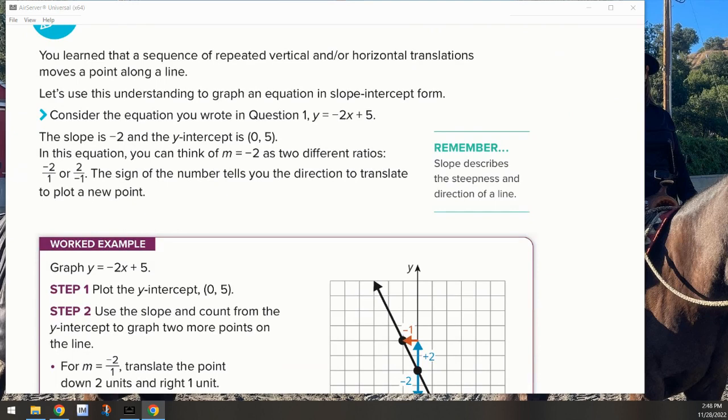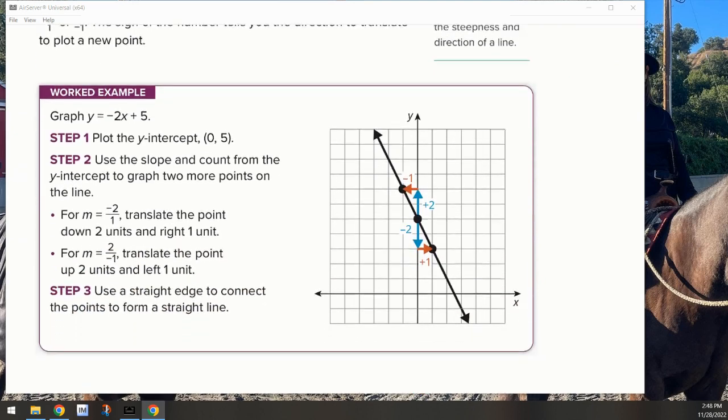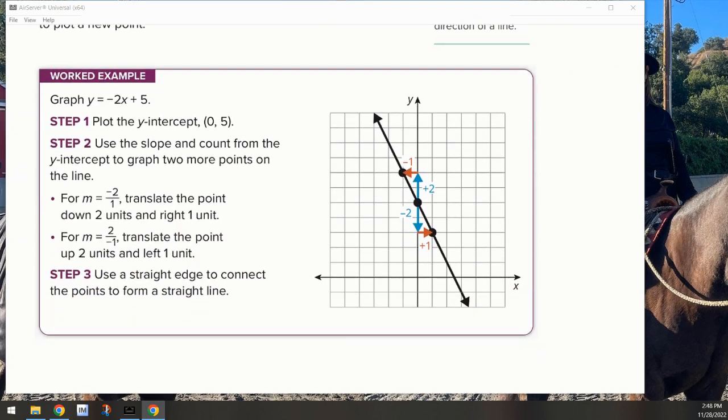Okay. So you learned that a sequence of repeated vertical and horizontal translations moves the point along the graph. So we move things up and down. These are our steps. The first thing we're going to do is plot the y-intercept. Then we're going to use the slope, counting from the y-intercept to graph 2 more points on the line.